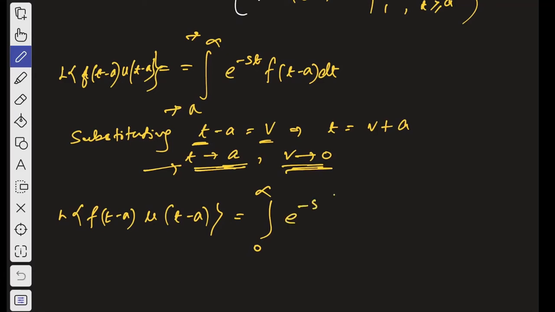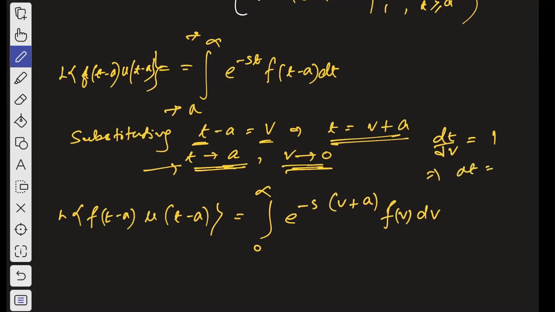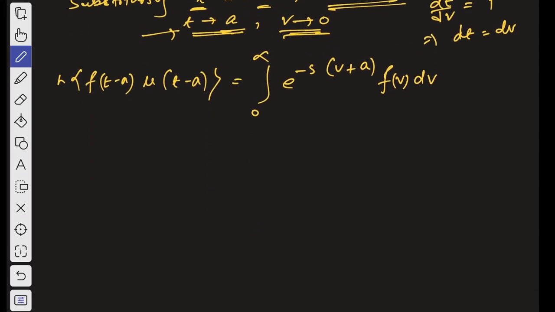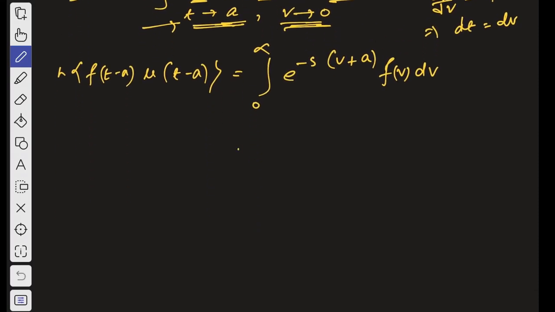So our result should be the integral of e to the power minus s into v plus a, f of v dv, because if you differentiate this, dt by dv is equal to 1, right? And dt is equal to dv. So that is the substitution.